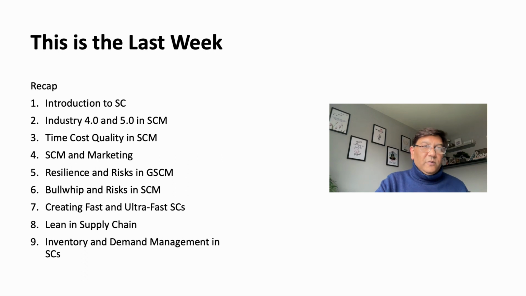After that, we talked about supply chain management and marketing, resilience and risks in supply chain, bullwhip effect and risks in supply chain. We have also talked about creating fast and ultra fast supply chains, lean in supply chain management, and now finally we are talking about inventory and demand management in supply chain.